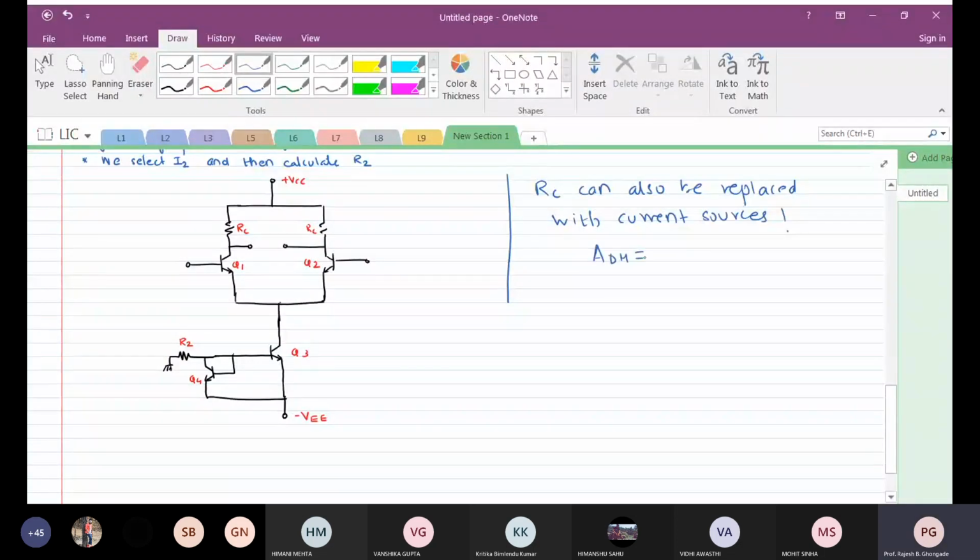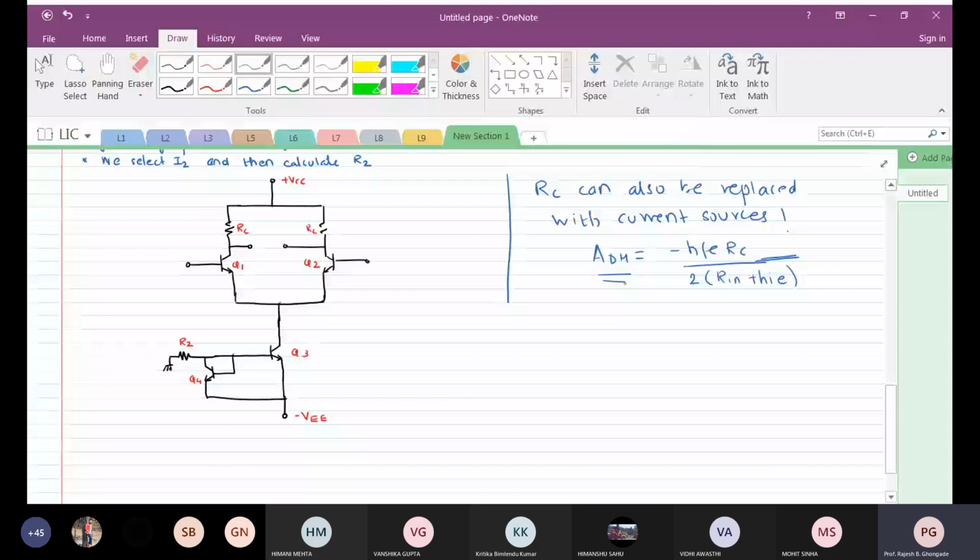ADM is equal to what? Minus hFE RC divided by 2 into (Rin plus hie). Isn't it? This is the equation for differential mode gain.